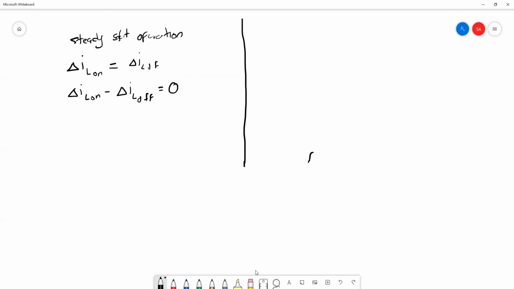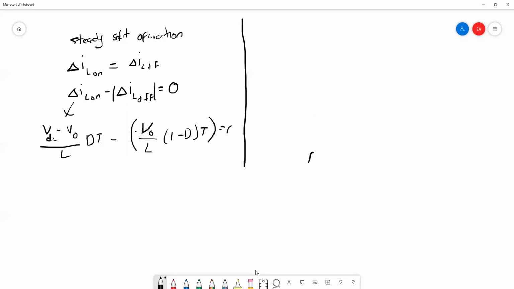So substitute delta IL: VDC minus V out over L times DT, minus V out over L times (1 minus D)T, equals 0.